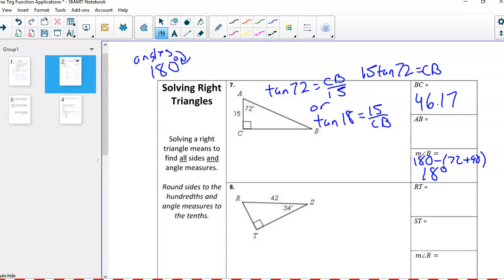And then for AB, you could do quite a few things. You could take the sine of 18 or 15 over 80. Cosine of which angle? 72. Cosine of 72 equals 15 over 80. You could take the opposites. You could take the sine of 72 or the cosine of 18. So you have different options.